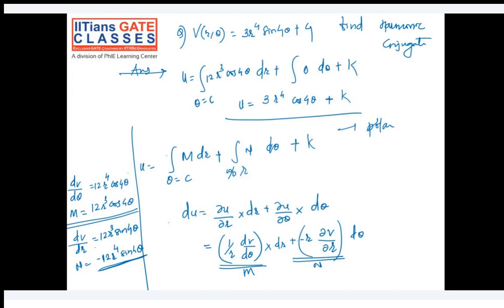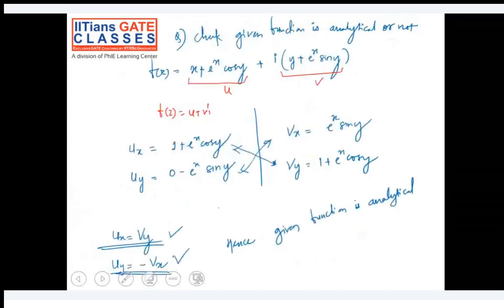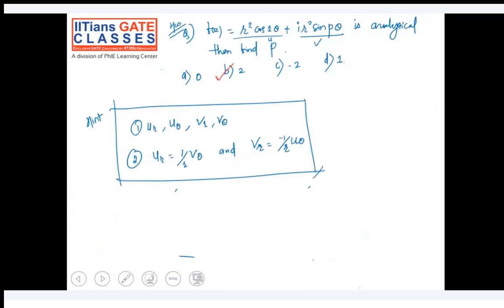Let me give you one homework question on this. Let me check if the space is there. Yeah, here we have some space. I'll give a homework question to you. U is equal to 3x square minus 3y square.